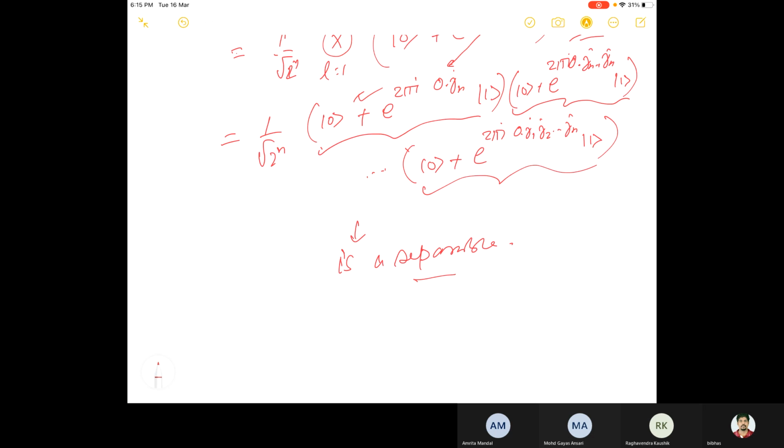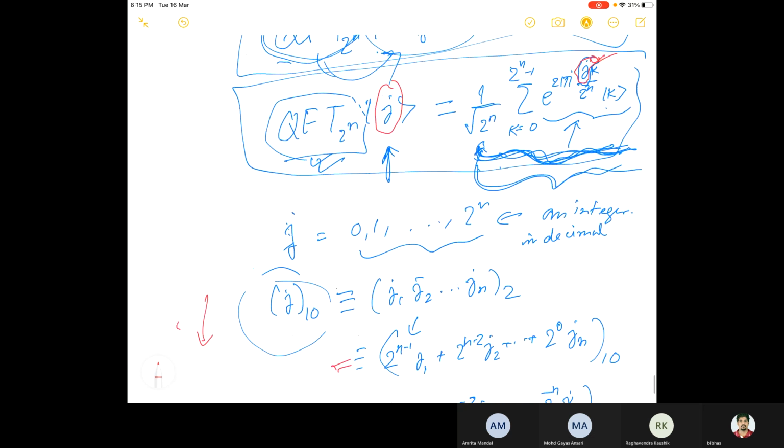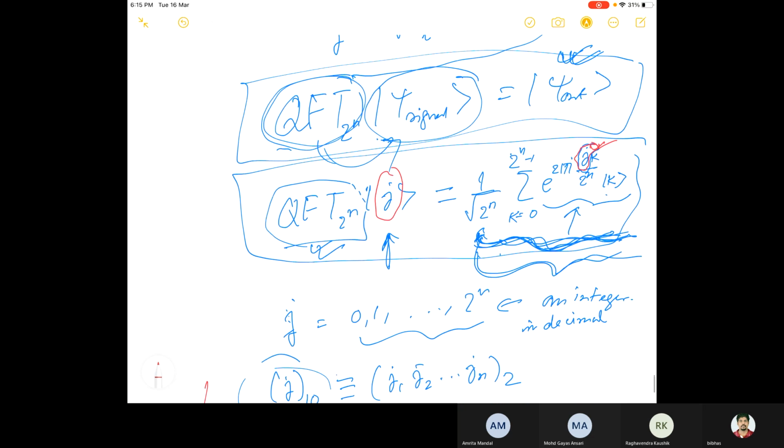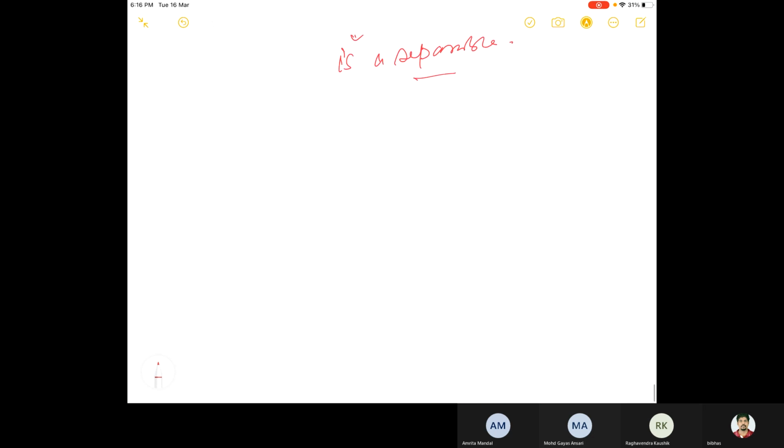Okay, so then after this calculation, we can directly write what is the effect of this QFT on j, and then what is the effect of QFT on the entire signal. So this is my definition for the QFT now.